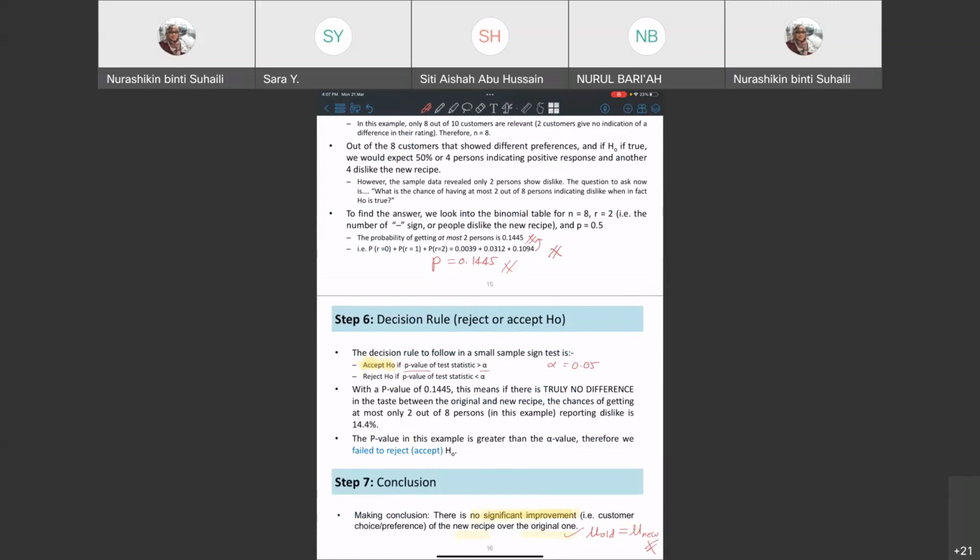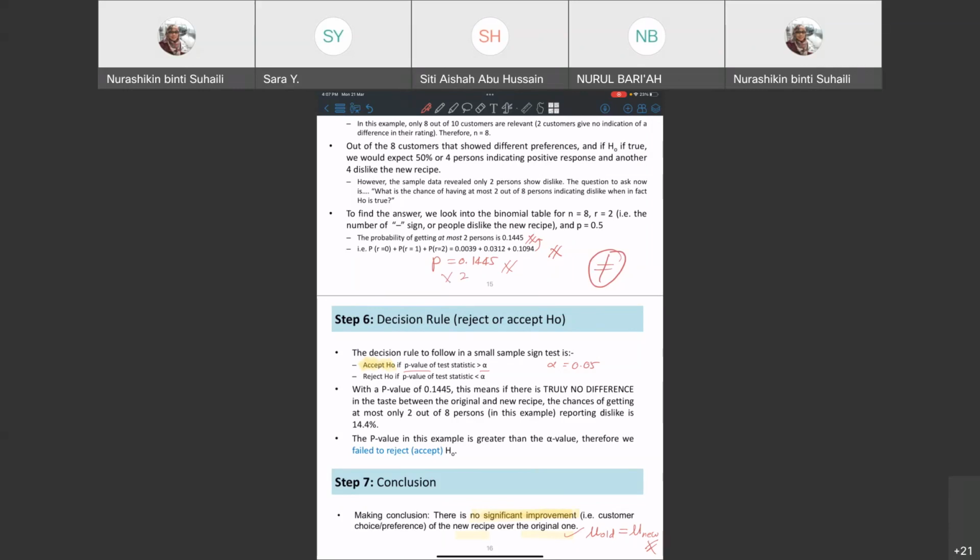But if you set your alternative hypothesis as not equal, how you set this is based on the problem, then in that situation you have to multiply this p-value by 2.